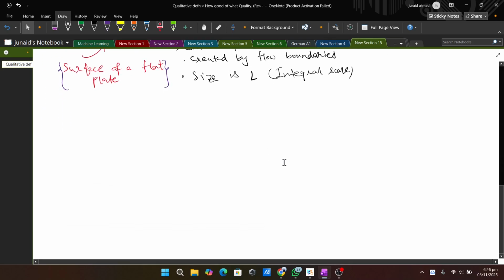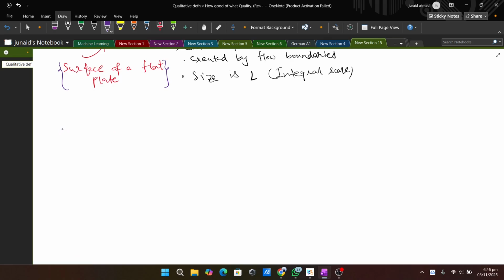Now let's talk about the mean flow energy. This mean flow energy, due to the instabilities, creates large eddies. We already know that there are large eddies.